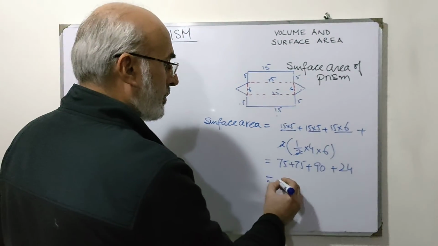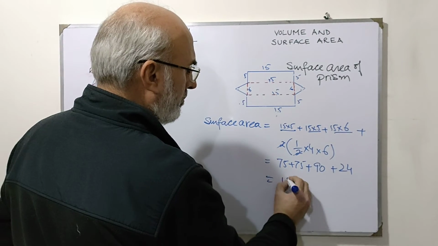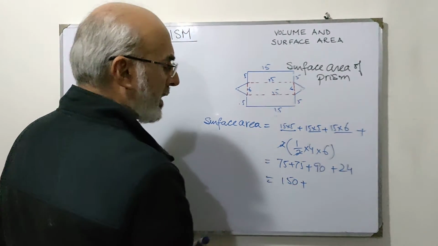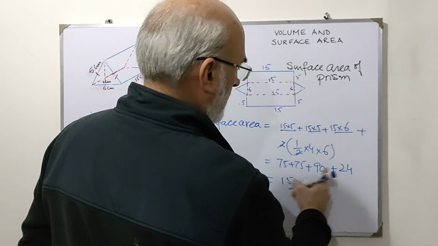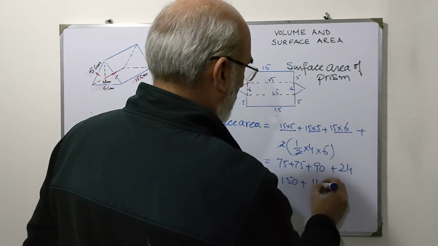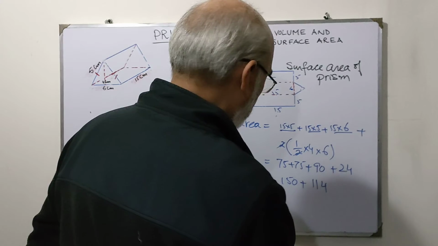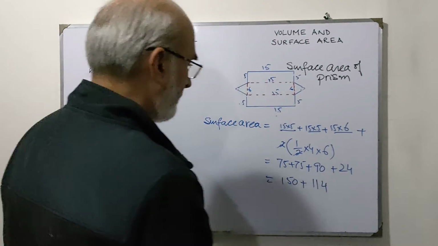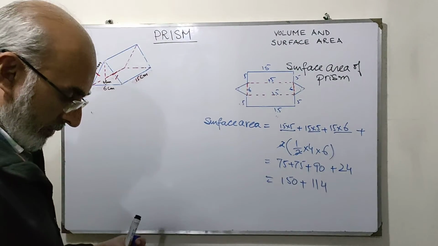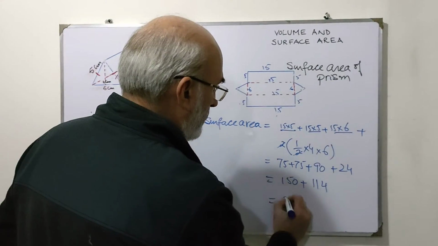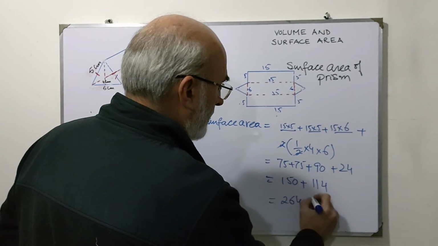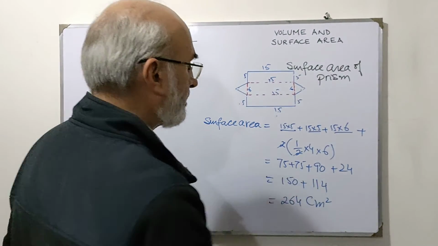So it's 150 plus 114. I hope I have calculated it correctly. So it is 264 cm square.